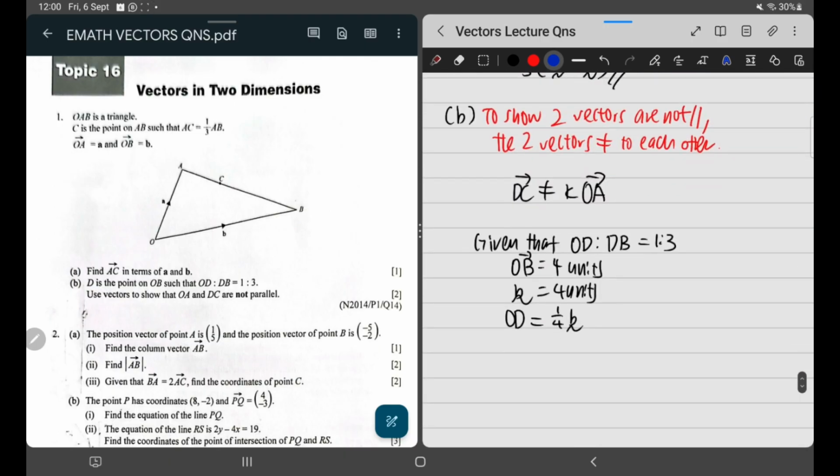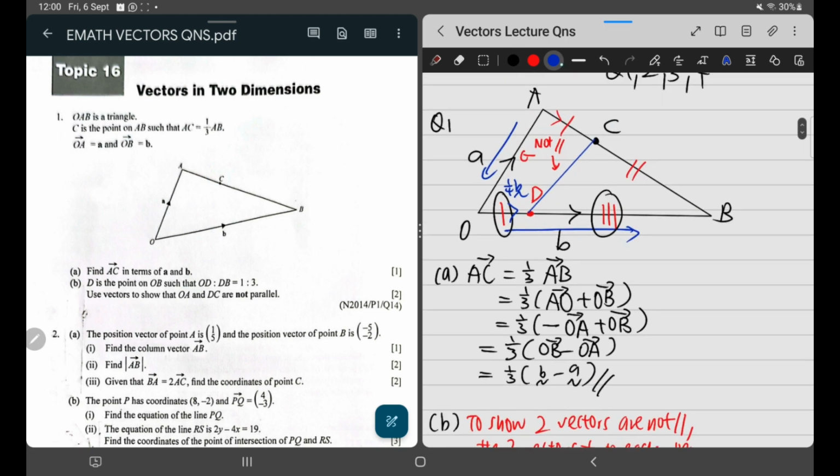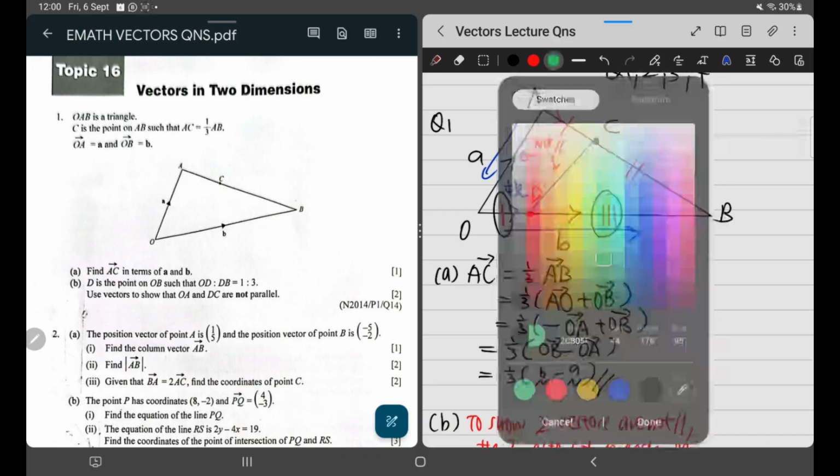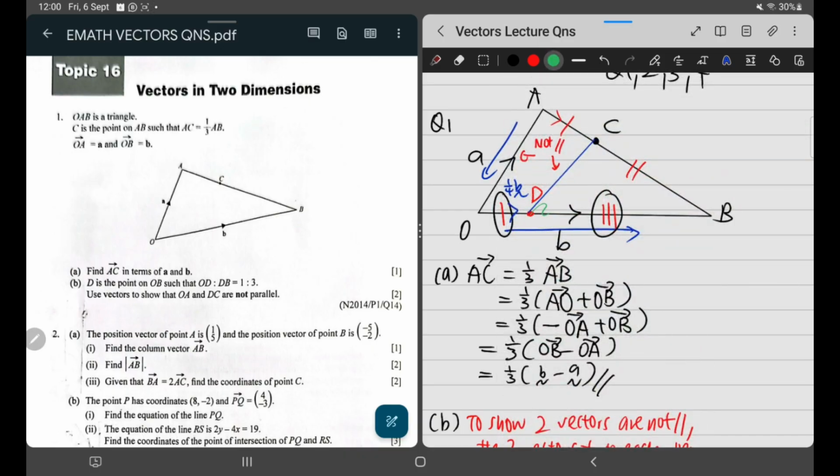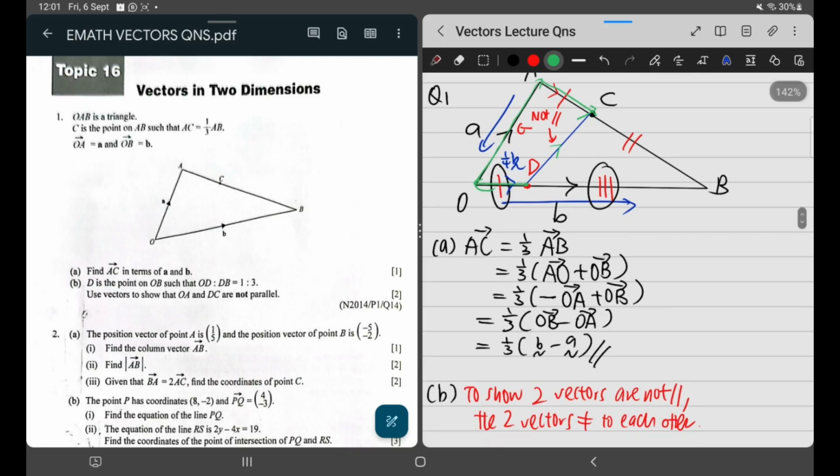So now how do we find out what is DC? DC, I'm going to annotate it in green. DC is just walking from D to O, O to A, and then A to C. Do you see that? If you want to walk from D to C, you can also walk from D to O, then O to A, and then A to C. It's just walking another bigger round.